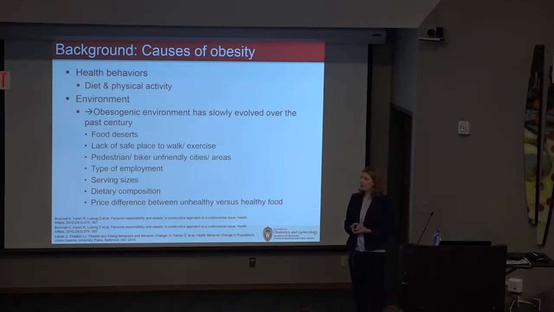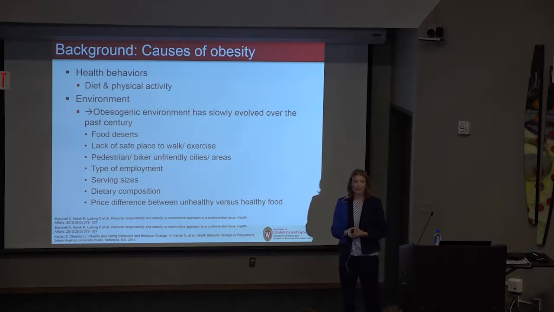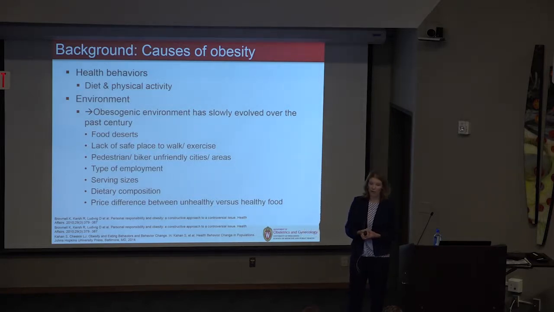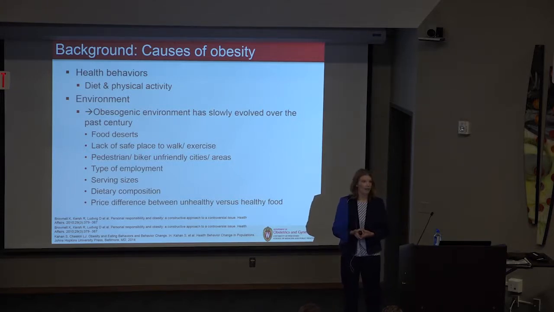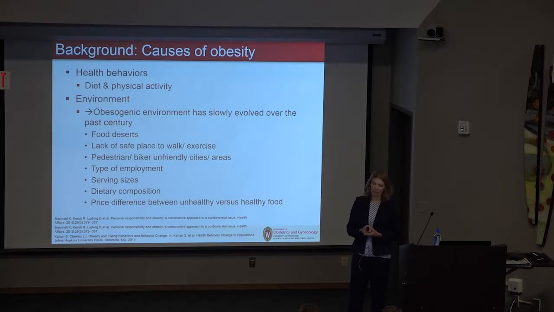This includes food deserts, where patients aren't able to access fresh fruit and vegetables and healthy food options, and a lack of safe places for people to exercise and even just walk around. Many cities or areas can be pedestrian or biker unfriendly, which reduces people's ability to get physical activity.